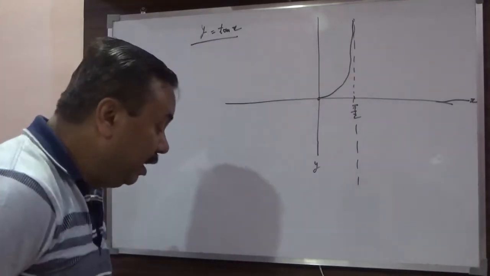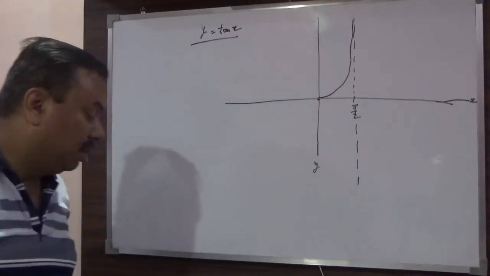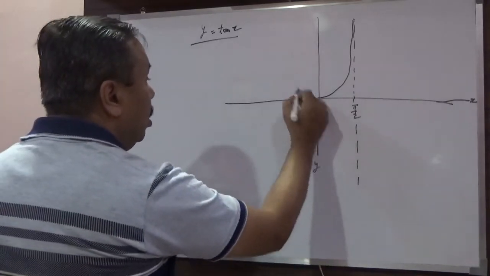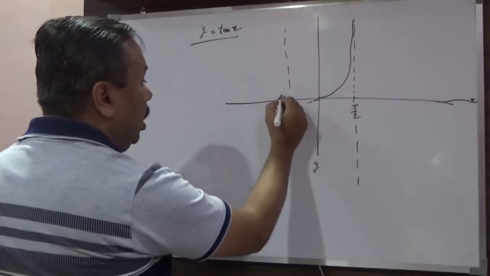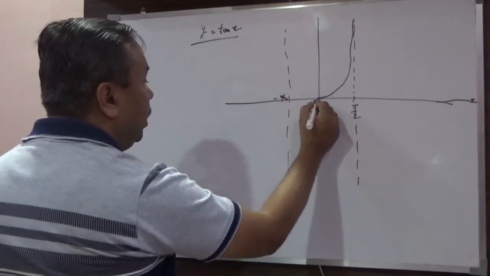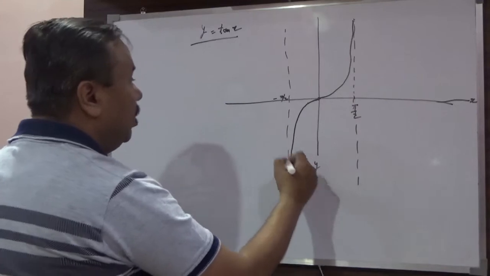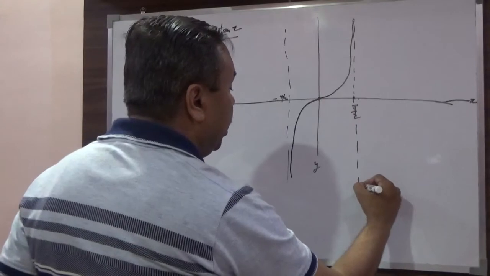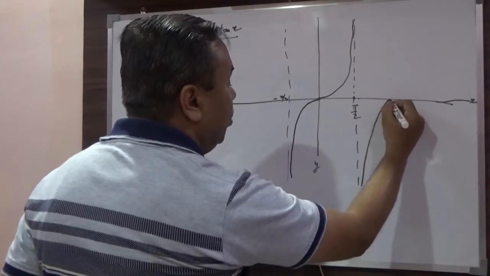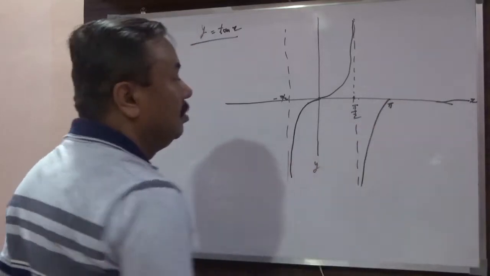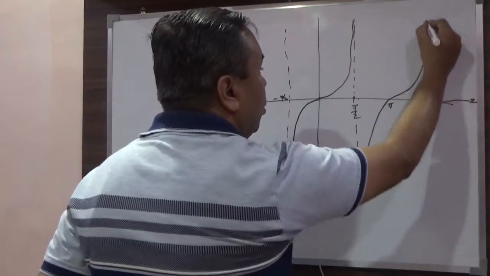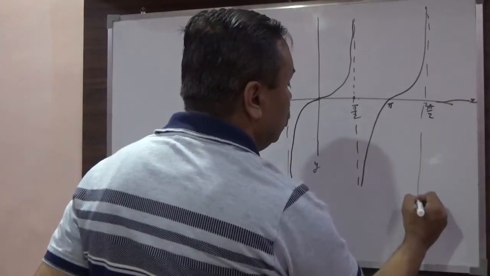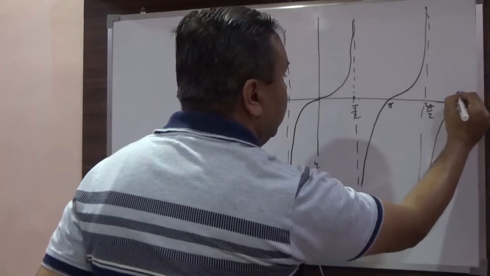Right? So in that case, what will happen? Similarly, from this side also, if this is pi by 2 minus, it came like this and never touched, and just after this it came here and then came to 0 at pi and again moved like this, and at 3 pi by 2, and this was at 2 pi.